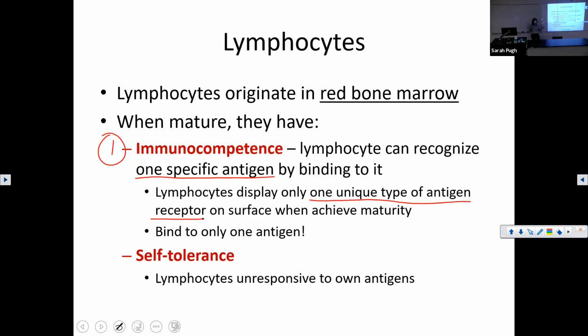So new diseases can be detrimental to humans because lymphocytes are very specific. They bind to only one foreign antigen. You may have a lymphocyte in your body that hangs around your whole lifetime and is never activated because you're never infected with that particular foreign antigen. They also exhibit, when they are mature, self-tolerance. That means they do not respond to your own self-antigens.